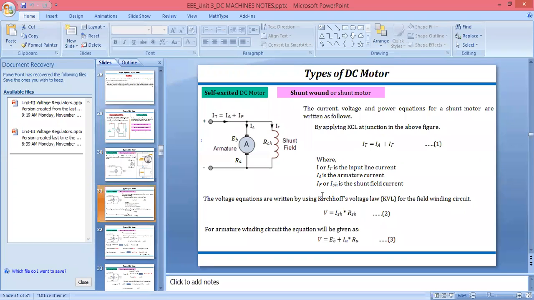If you call this field winding RSH, RSH is nothing but shunt field, shunt resistor, shunt impedance. We use the abbreviation SH for shunt because it is in parallel with the armature. So we call this the shunt current, the current flowing through this RSH.